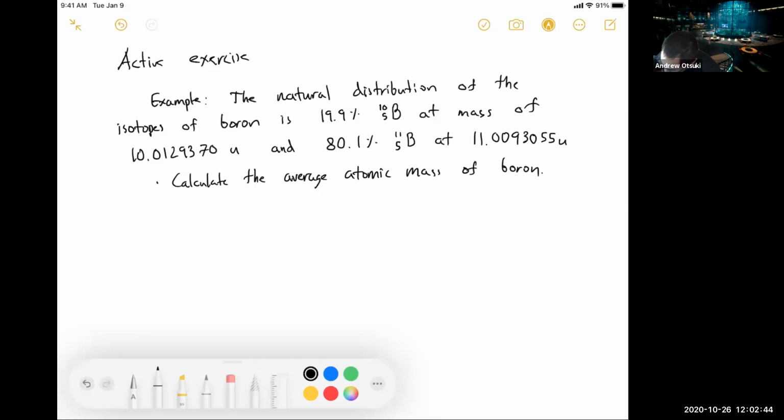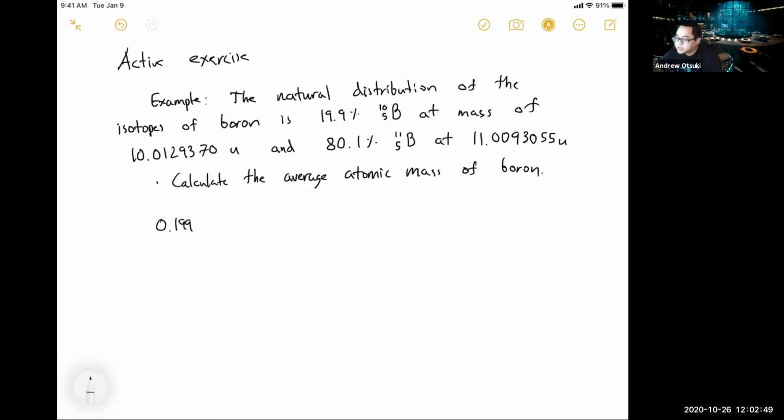So we have 0.199. Always convert to decimal form, or multiply by the percent and then divide by 100 at the end. Because if you don't do either one of those things, you'll get the answer wrong and the number will be really big. So don't do that. So 0.199 times 10.0129370.